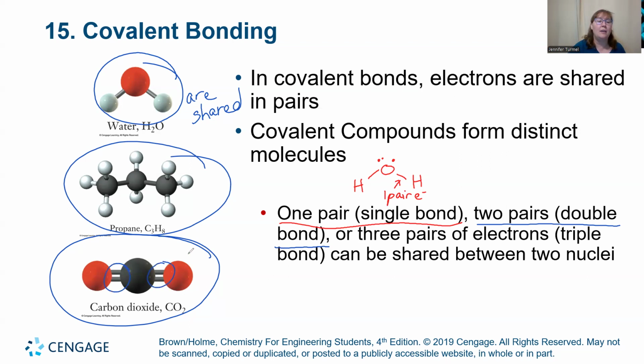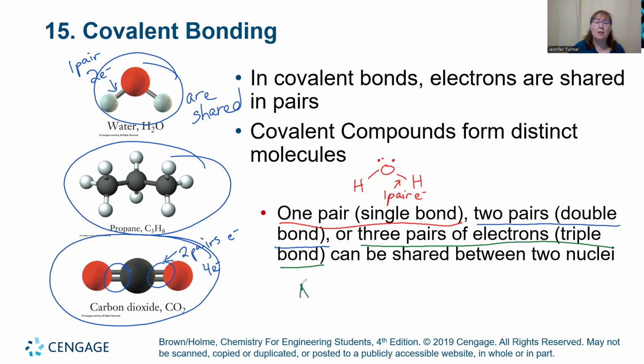And you can see right here, there are two pairs of electrons here, or 4 electrons, just like up in here, you have 2 electrons or one pair. And then lastly, you have 3 pairs of electrons that can form triple bonds.